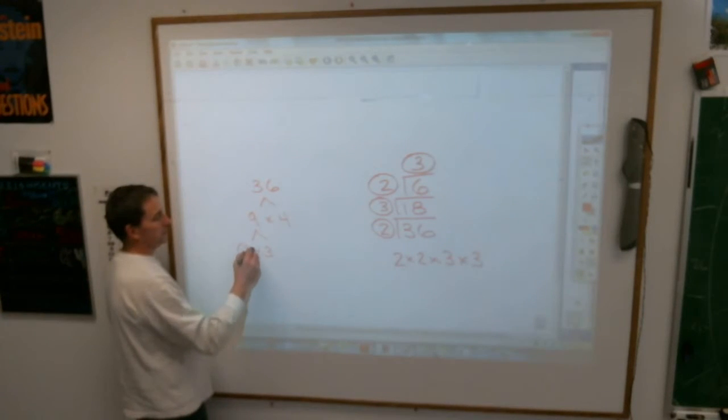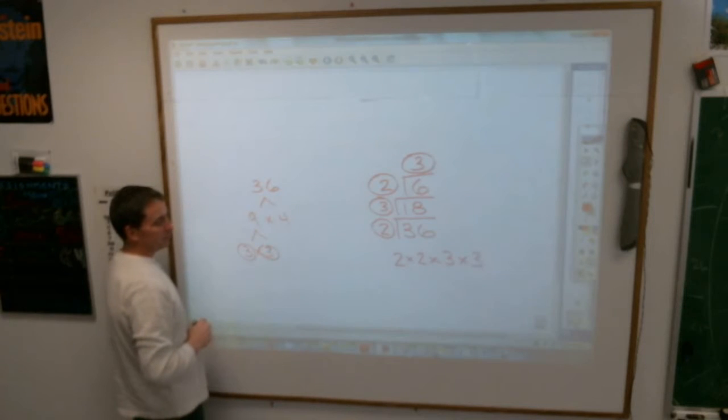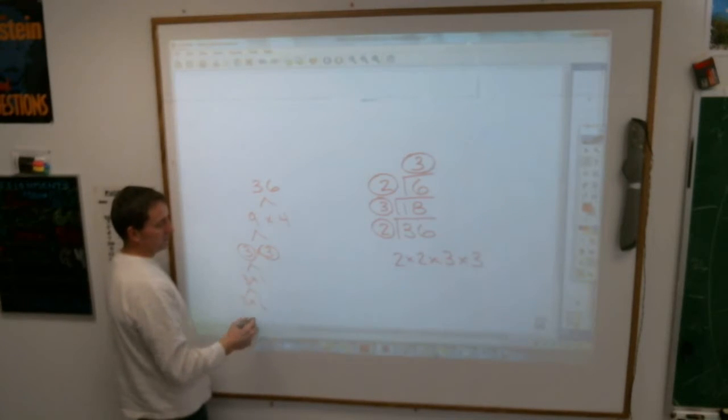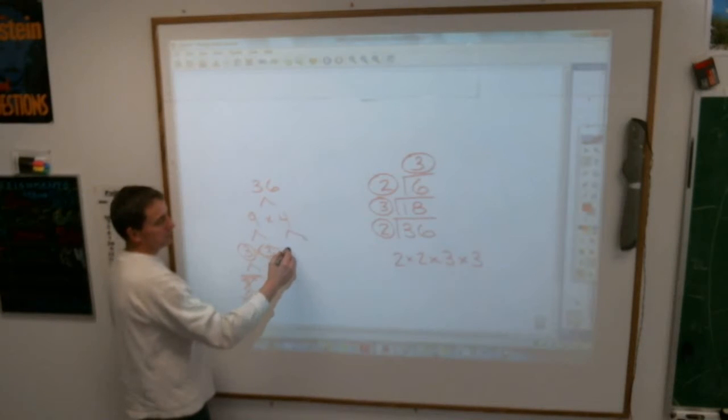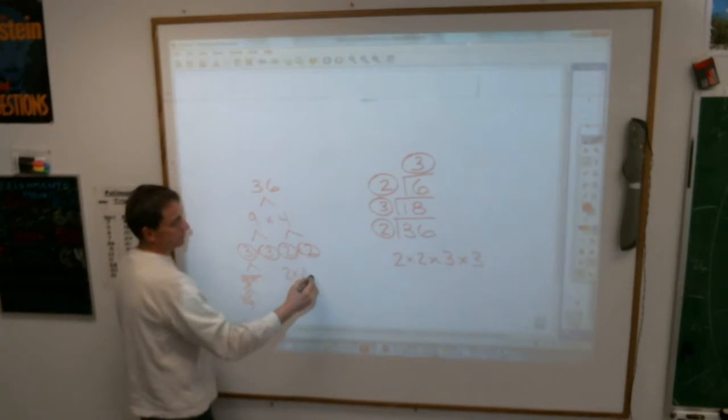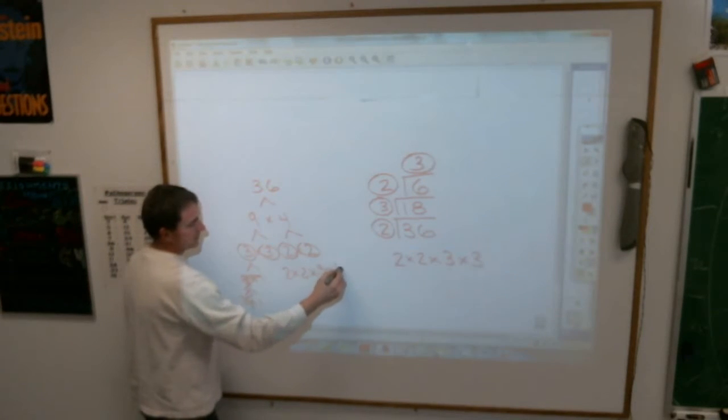Those are both prime, so I can stop. It doesn't do you any good to do 3 times 1, because you could keep doing that forever. And 4 breaks down into 2 times 2, both prime. So you end up with 2 times 2 times 3 times 3.